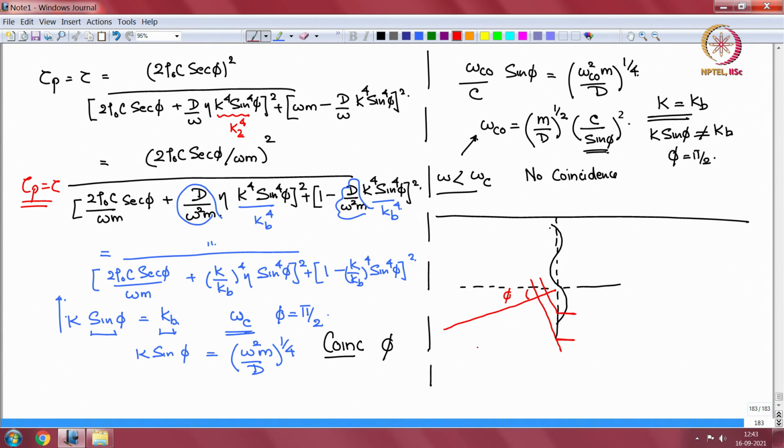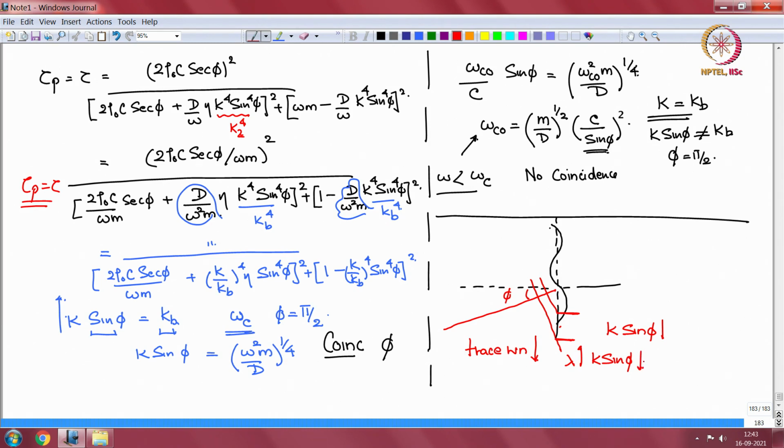So the trace wave number will become smaller. So k sin phi will become smaller as phi reduces. I'm just giving the picture here. This is the trace wavelength which is becoming bigger, so as wavelength becomes bigger, the corresponding trace wave number becomes smaller.